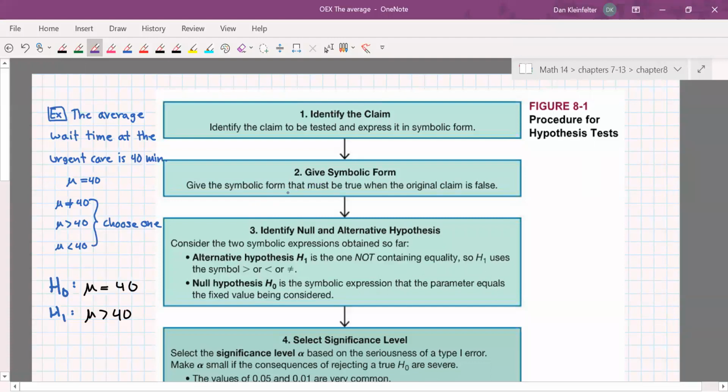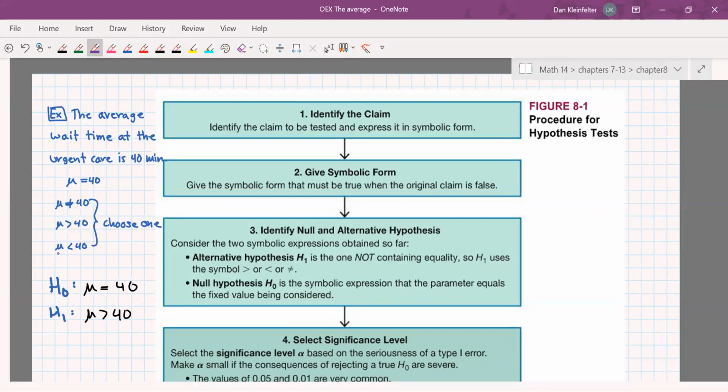Then step 2, give the symbolic form that must be true when the original claim is false. So if it's false that the mean is 40, that's what has to be true. Well, we could say it's not equal to 40, or greater than 40, or less than 40. Those are the 3 ways that the mean can fail to be 40.